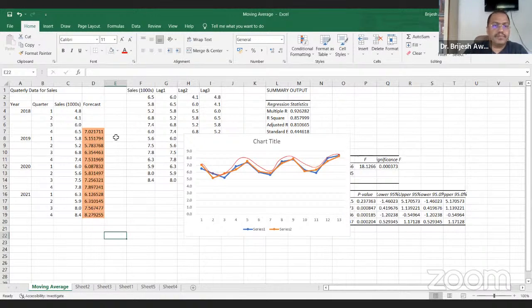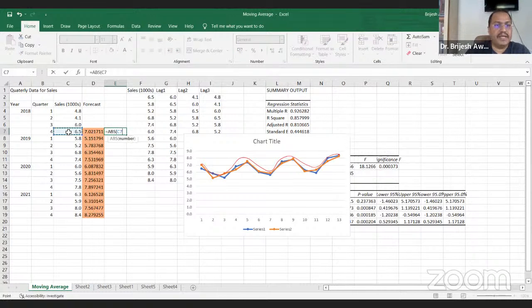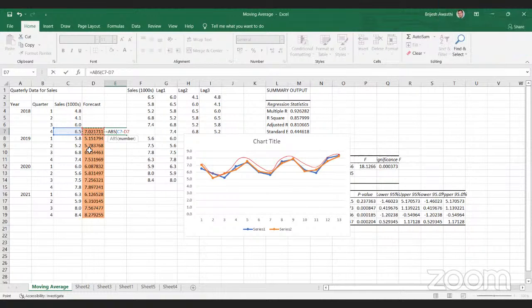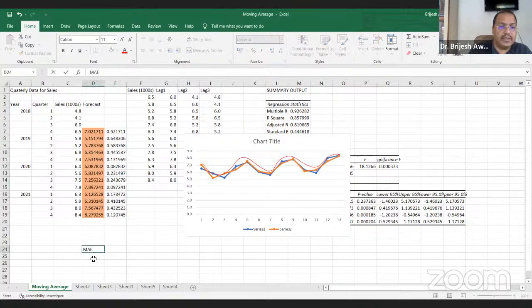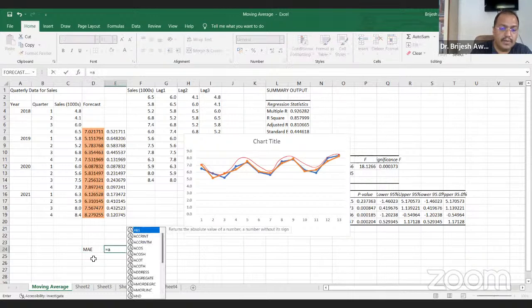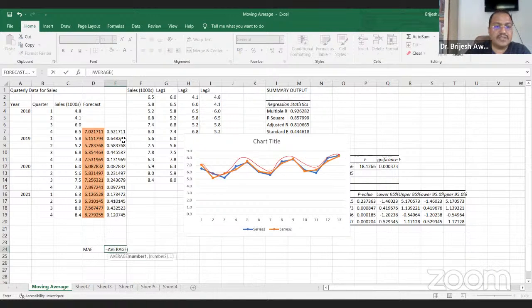Now equals ABS, that is, the absolute difference between actual minus forecasted. And that is the mean of absolute error, equals average of this, and done.